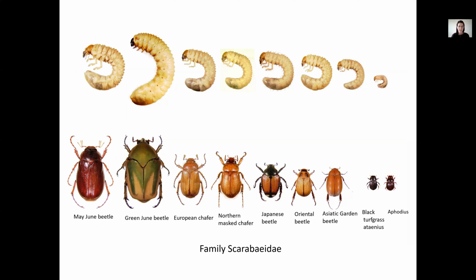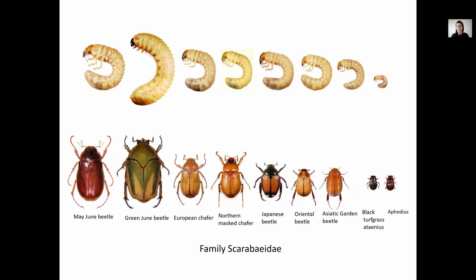So on the slide, I've just put the family of scarab beetles, and we're particularly interested in all of these species. I've shown the adults here at the bottom, and their associated grub forms at the top here. We're interested in these because the grubs feed on the roots of the grass and cause extensive damage to the turf. And so this is one aspect of the turfgrass systems that we're particularly interested in.